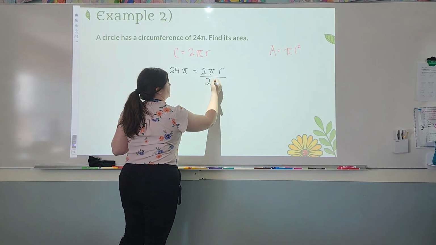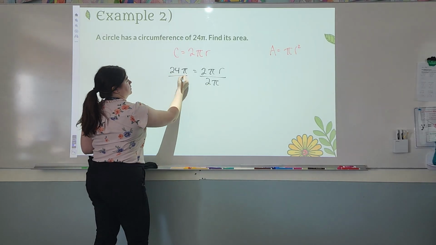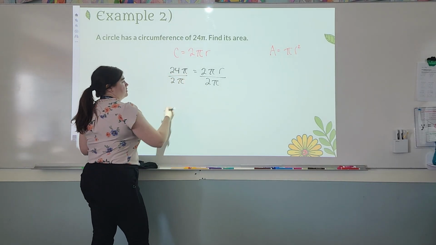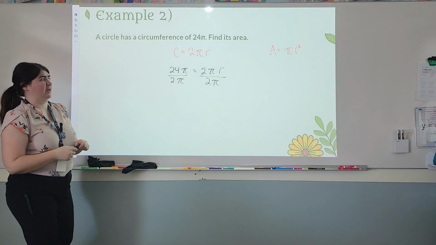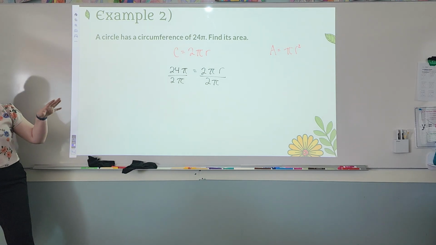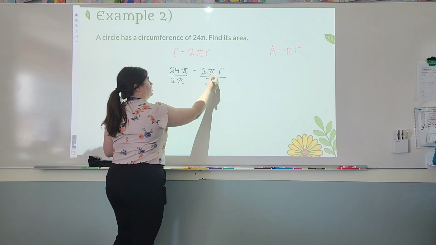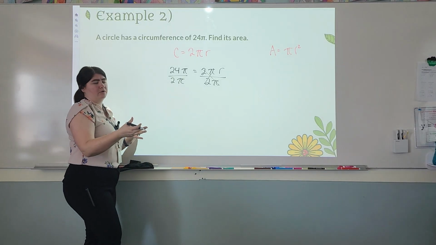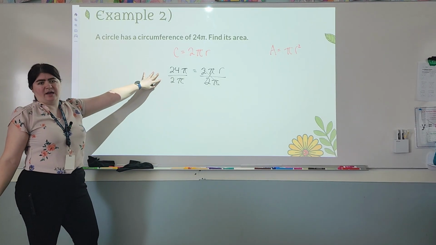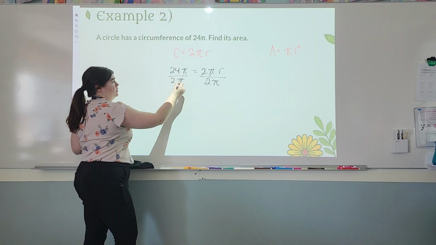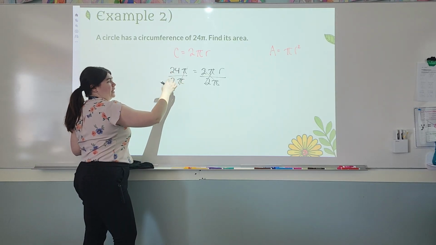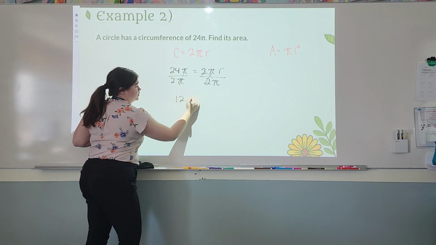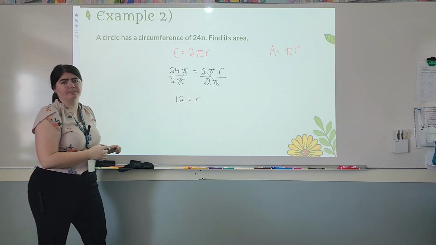We're going to just travel together here. This is where terms of pi is kind of nice, because on the right side of this equation, 2 and pi cancel out. On the left side, the pi's cancel out. 24 divided by 2 is equal to 12, so we know that the radius is 12.